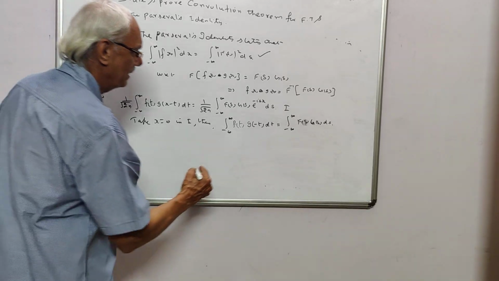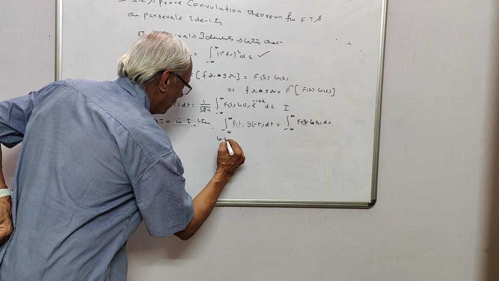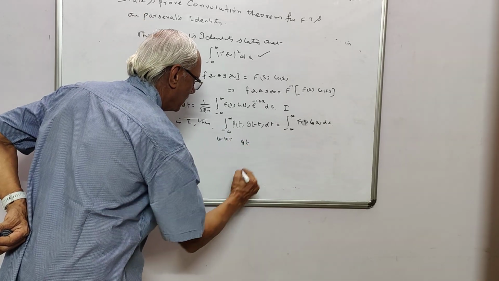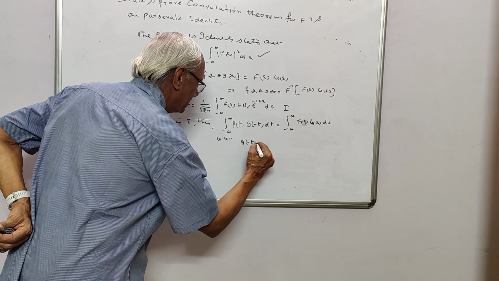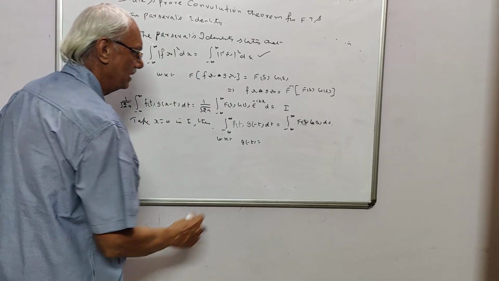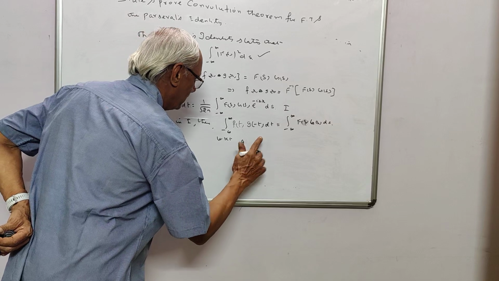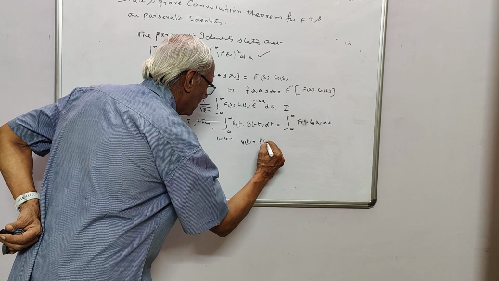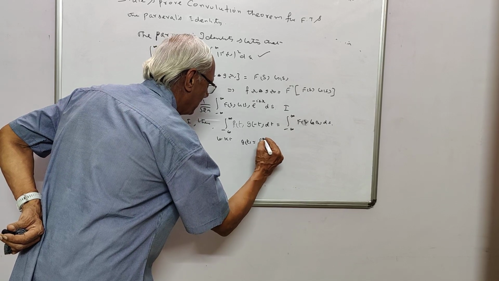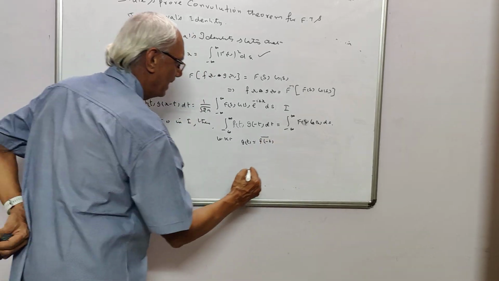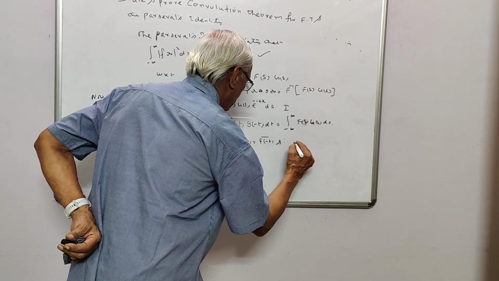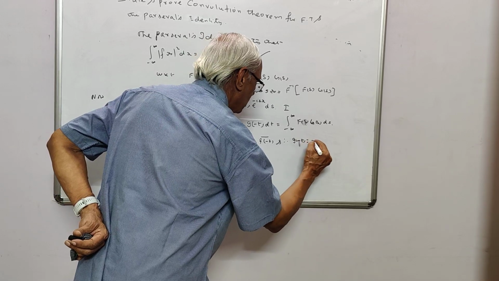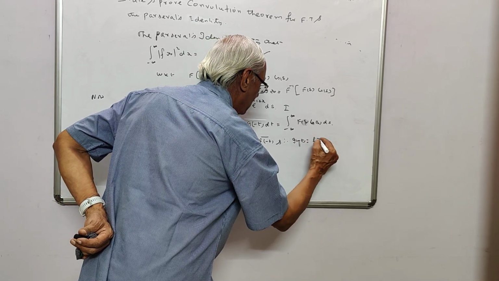Now we know that g of t is equal to f of minus t bar, and therefore g of minus t is equal to f of t bar.